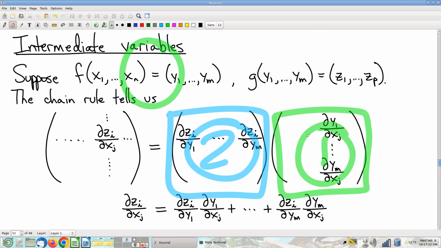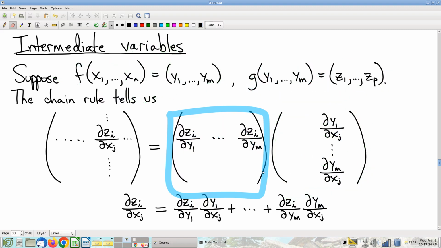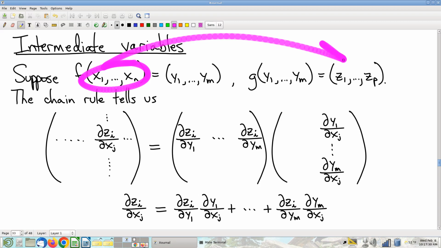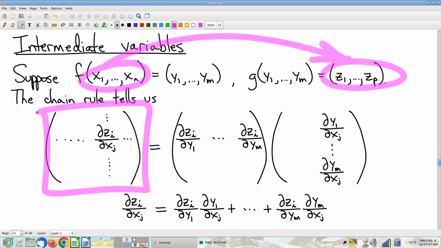Of course, this product gives us the derivative matrix for the composition, which takes x's as inputs and gives z's as outputs. And so its derivative matrix is going to be these partials here of z's with respect to x's. So all this is the chain rule.